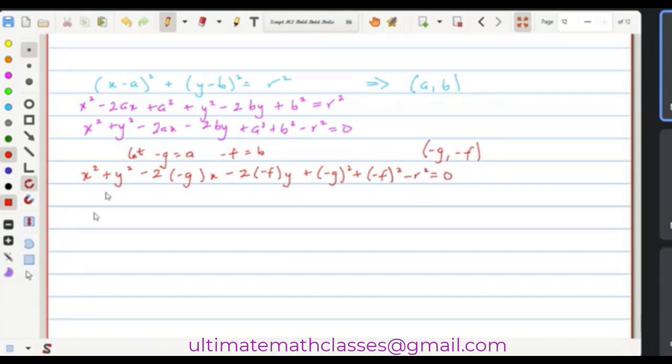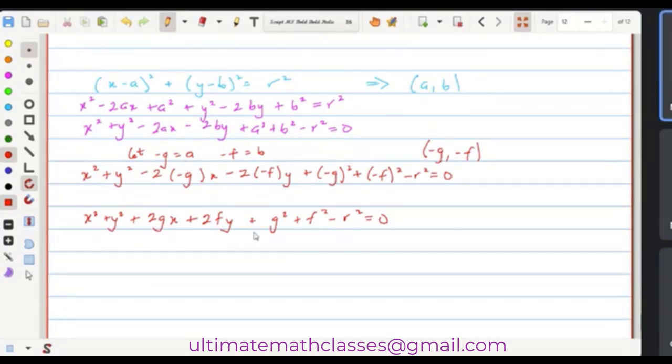Negative times negative gives you positive, so 2gx. Negative times negative again gives positive 2fy. Then negative g squared is g squared, and negative f squared is f squared, minus r squared, equal to 0. You see that I've gotten rid of the negative, by doing a little modification to the question.